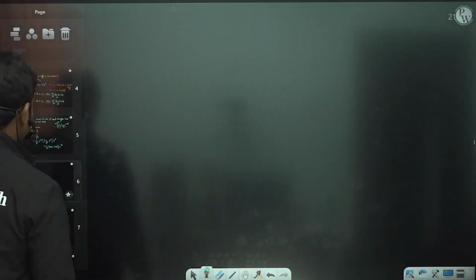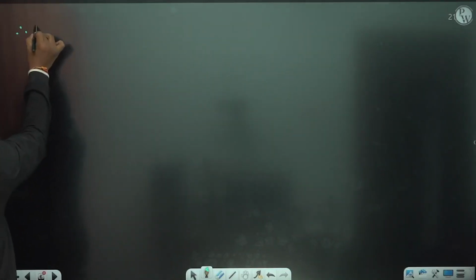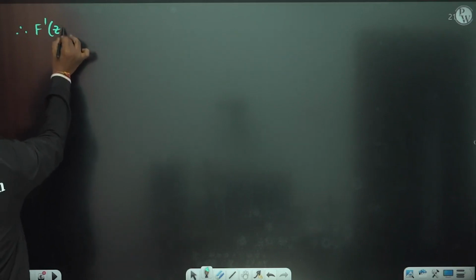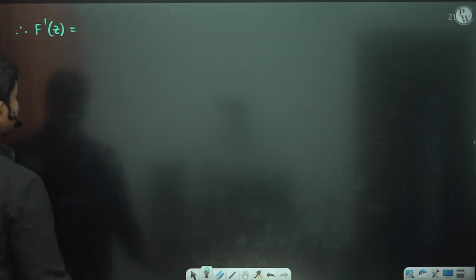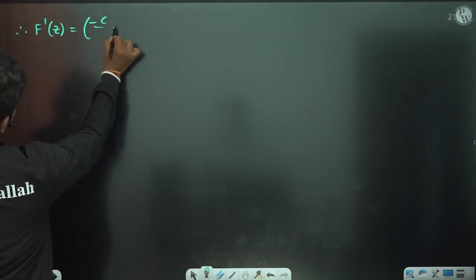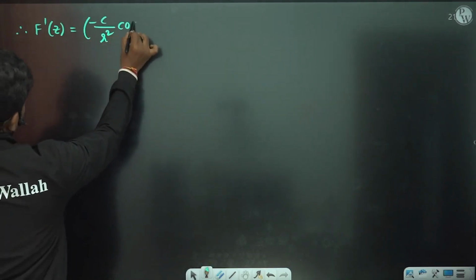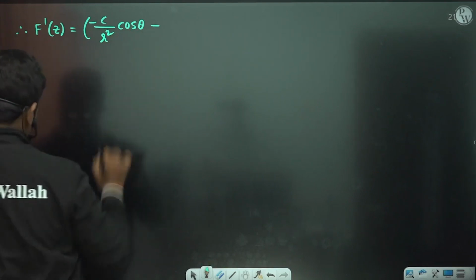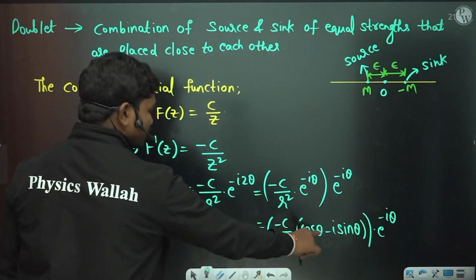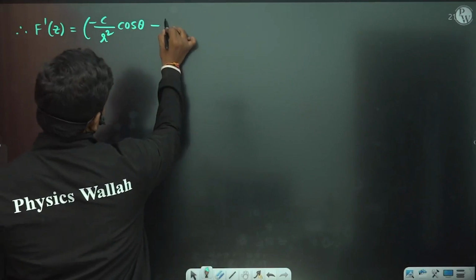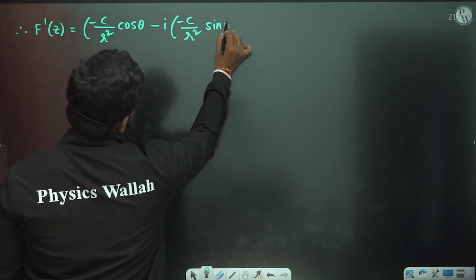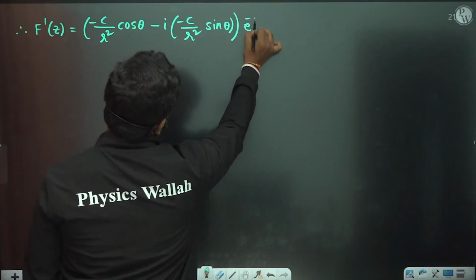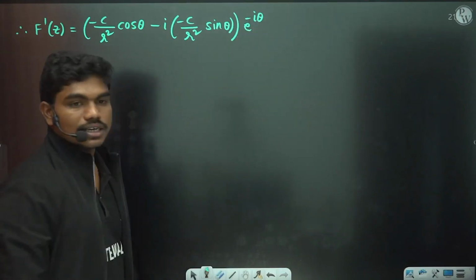Fine. So see here, therefore f dash of z is equal to, from this, minus c by r square cos theta minus c by r square sin theta minus I times minus c by r square sin theta into e power minus I theta, because we need this e power minus I theta combination to write the velocities.